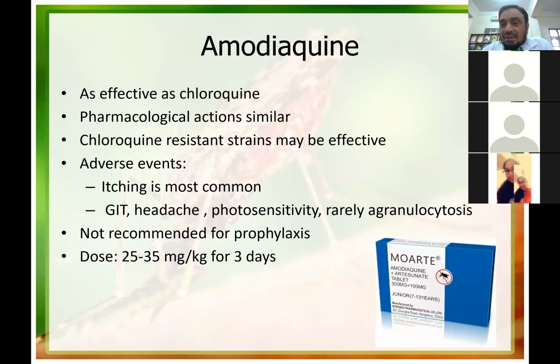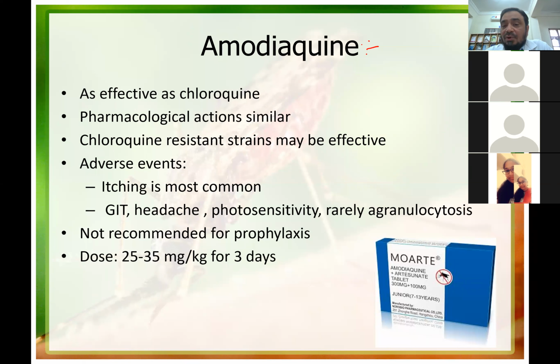Okay. Then the another 4 amino quinoline which we have is amodiaquine. So just the salient features now I will tell of the remaining antimalarial drugs so that you can compare it with chloroquine. So amodiaquine is just as chloroquine. It is effective in even the chloroquine resistant malaria, and the pharmacological actions, they are similar to chloroquine. Adverse effect of amodiaquine, remember that amodiaquine is not used for prophylaxis of malaria for long term because of two important adverse effects.